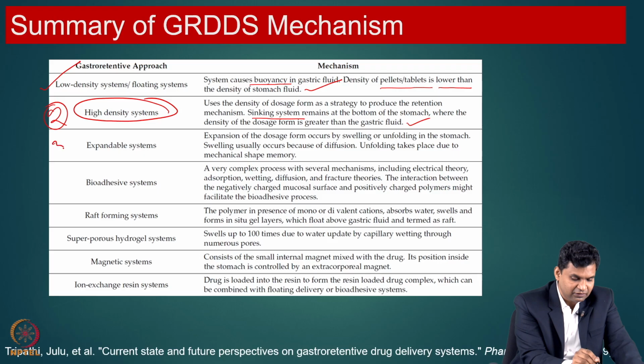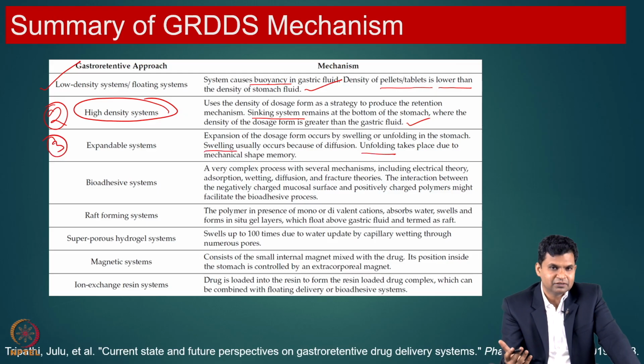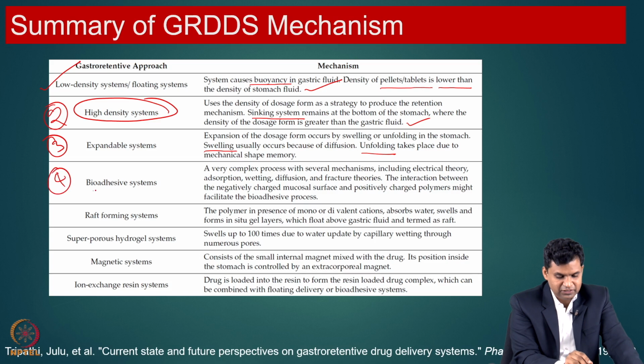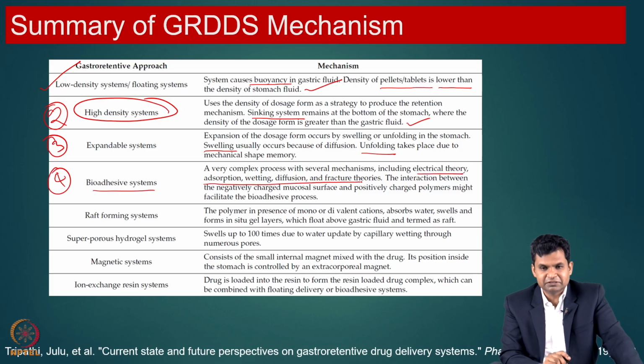And the third one, the expandable systems, where we have seen swellable and also unfolding systems, which also help in a GRDDS system. And the fourth one, we have seen the bioadhesive systems. They have various functions, and here you can see the various types of theories, and they help in the GRDDS system.